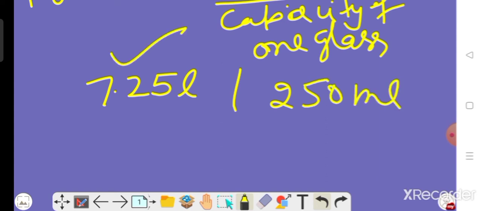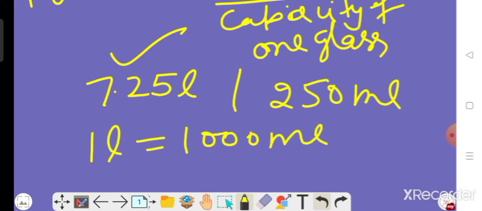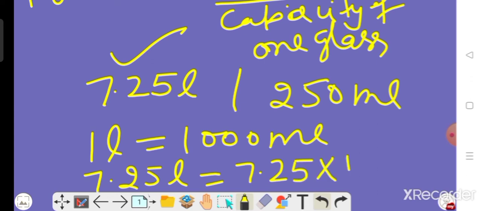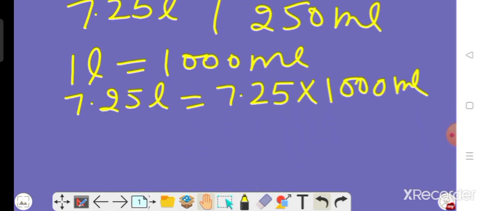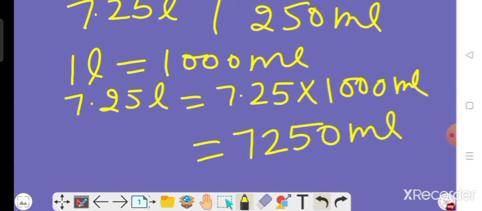So firstly we have to convert 7.25 liters into milliliters, and we know that 1 liter is equal to 1000 milliliters. This implies that 7.25 liters is equal to 7.25 multiplied by 1000 milliliters, and this is equal to 7250 milliliters.